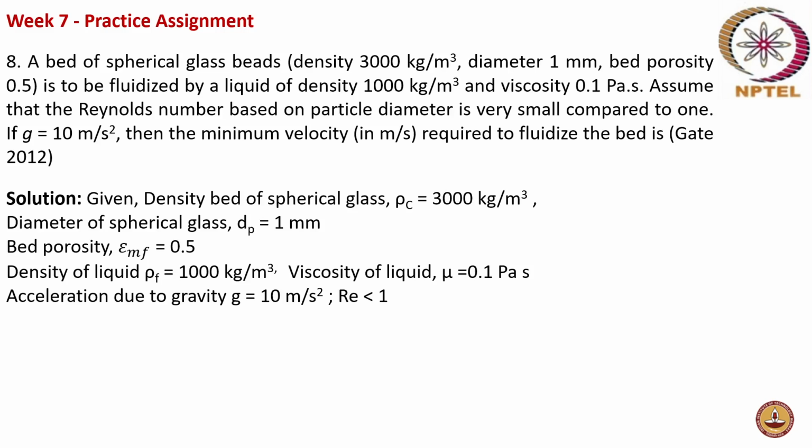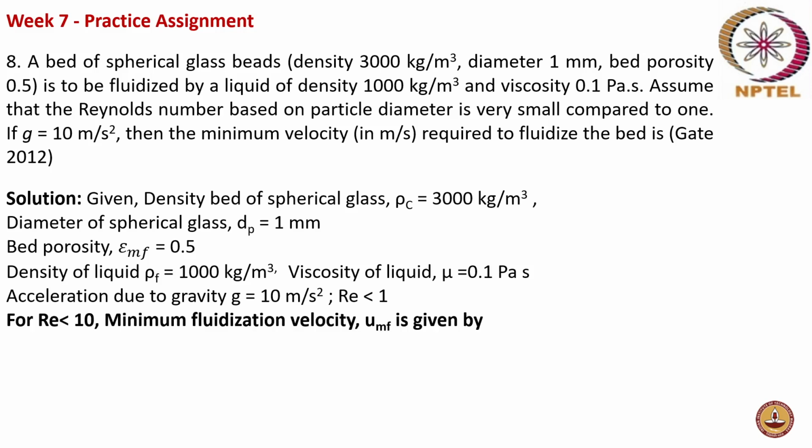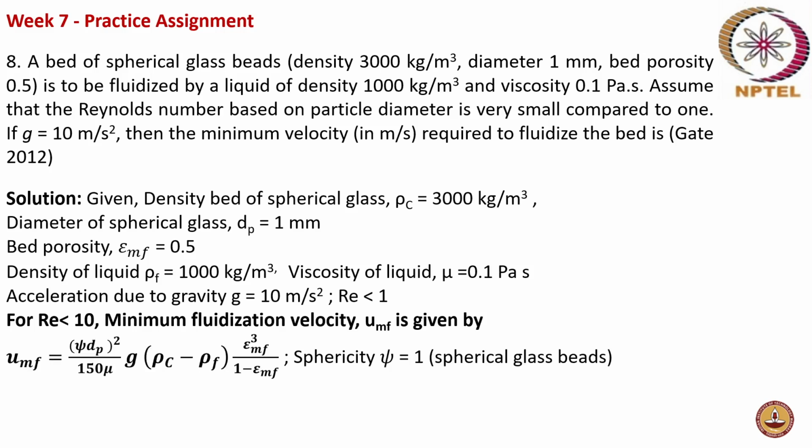And the additional information, which is very critical, that they've given is the Reynolds number is less than 1. So for Reynolds number less than 10, the minimum fluidization velocity UMF is given by UMF is equal to psi into dp the whole square divided by 150 into mu, multiplied by g into (rho c minus rho f) multiplied by epsilon mf power cube divided by (1 minus epsilon mf).